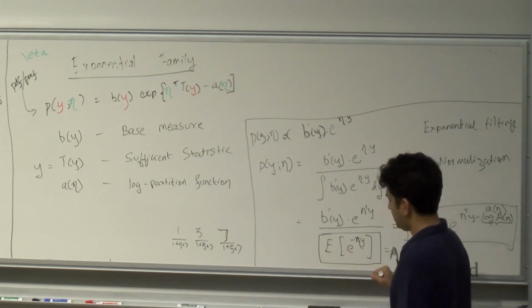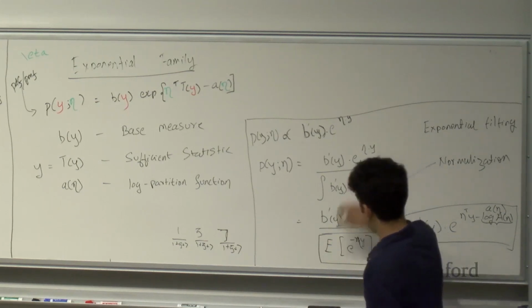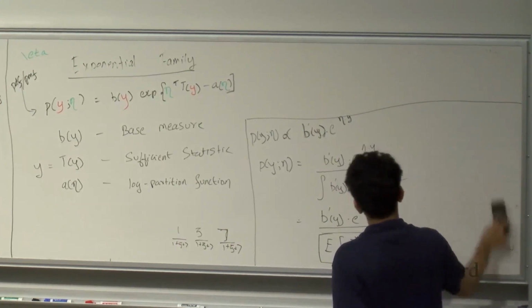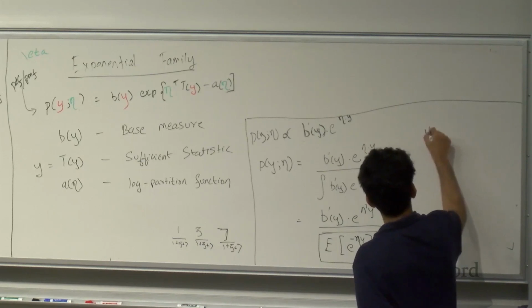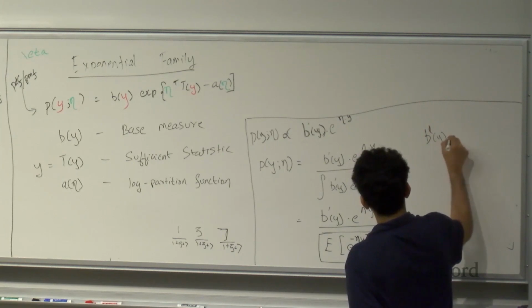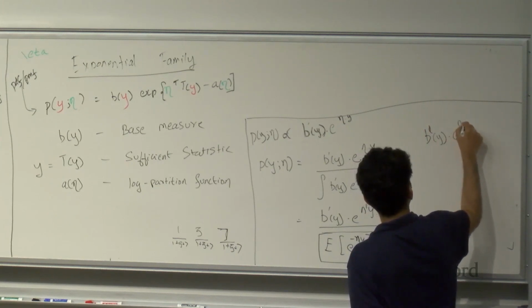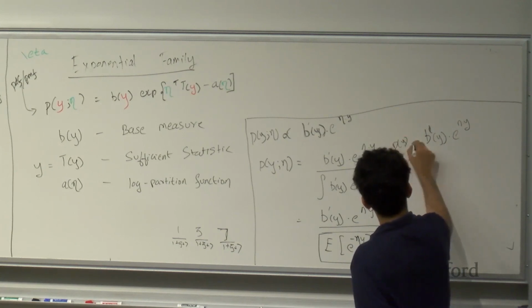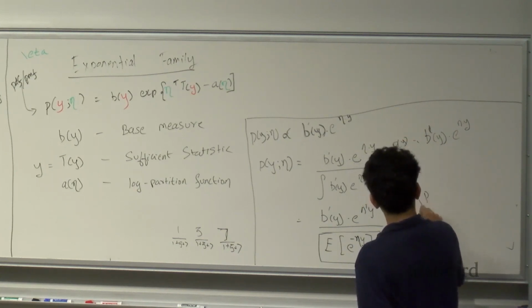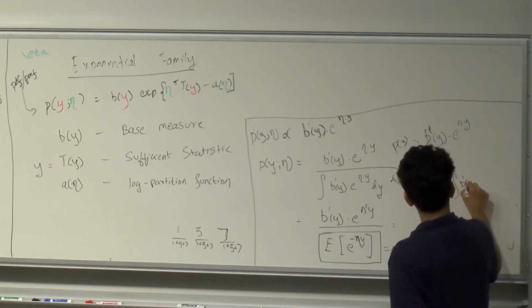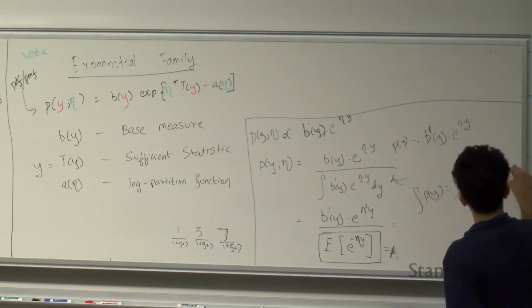All right, so maybe to answer this clearer, let's see what happens here. Now, we have some function, call it b prime of y, times e to the eta times y. Now, let's assume this is p of y, and let's assume the integral of p of y, which is the integral of b prime of y times e to the eta times y, is equal to some k, let's say equal to 100.